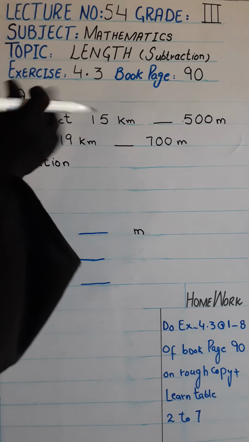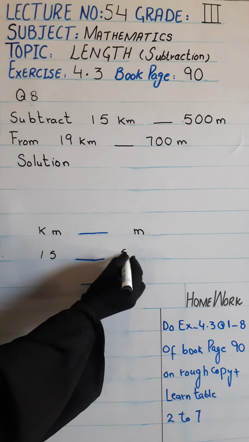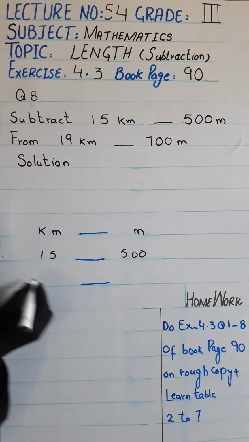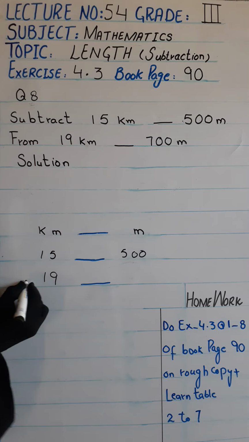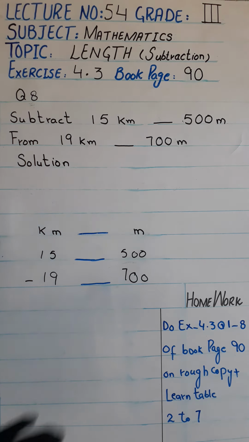If you write the question like this, 15 kilometer, 500 meter and 19 kilometer, 700 meter, how can you subtract a greater number from the smaller one?